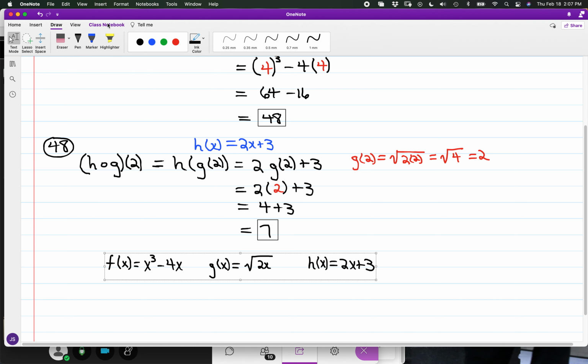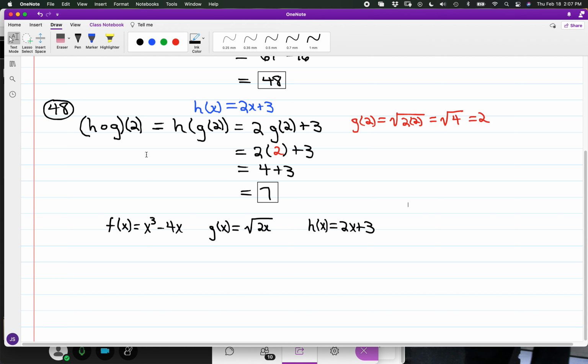For number 49, we have h composed with f, where x is set equal to 1. We're looking at h composed with f of 1.